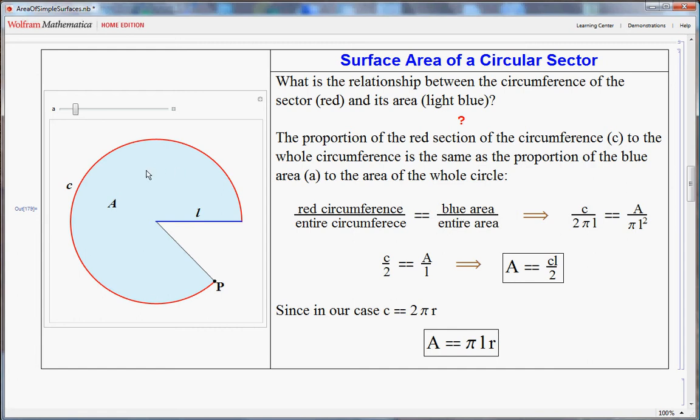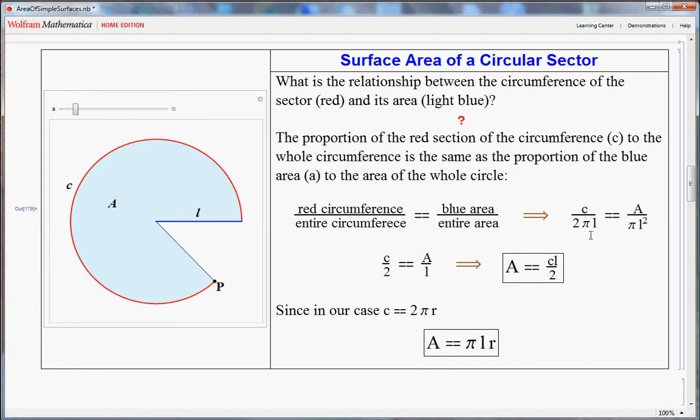If we now denote the light blue area that we are looking for by capital A, we can write the equality of the two ratios in the following form, namely little c divided by 2 pi l is equal to capital A divided by pi l squared. Here pi l squared and 2 pi l appear because the radius of our circle in question here is little l.